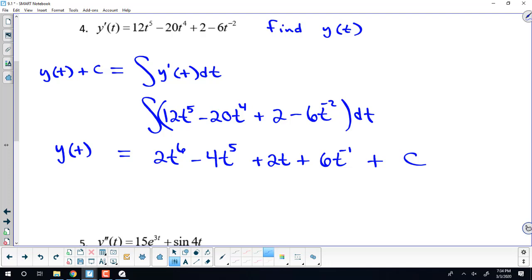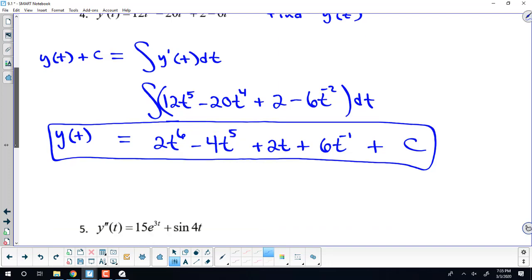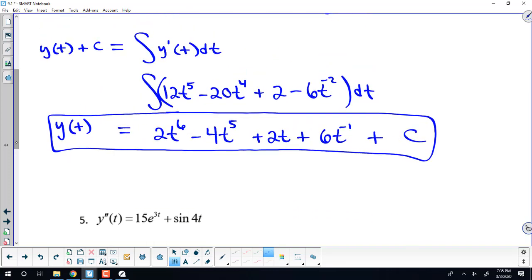Since the c's over there, that's our y of t. It just basically boils down to being able to compute antiderivatives. Okay. Any questions on that? Those things you saw in Calc 1, so hopefully this is more of a refresher than anything else.